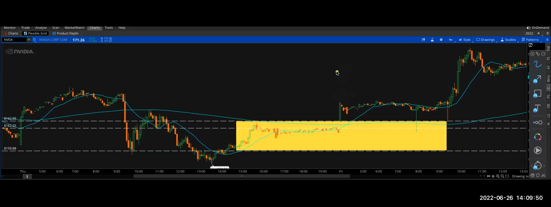But if it opens up way above the box, like super high above the box, like a standard deviation above the box, it's going to run, but it's going to come crashing right back down. It always comes back down and hits this box or starts trading inside of this box. So you have to be really careful about how you actually trade it.